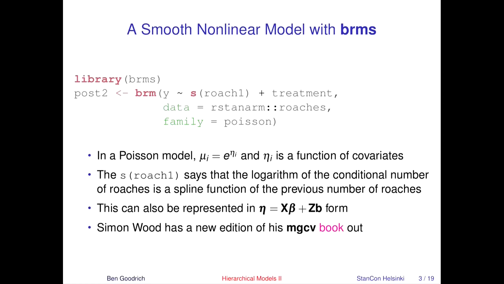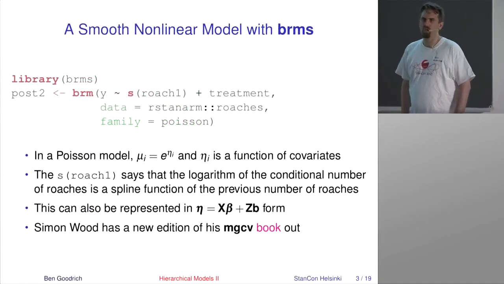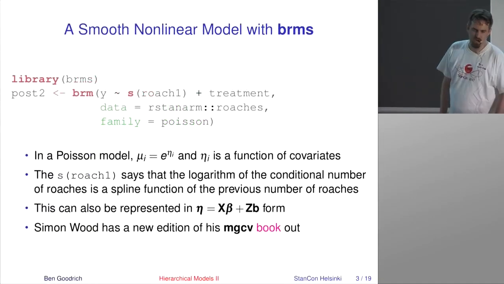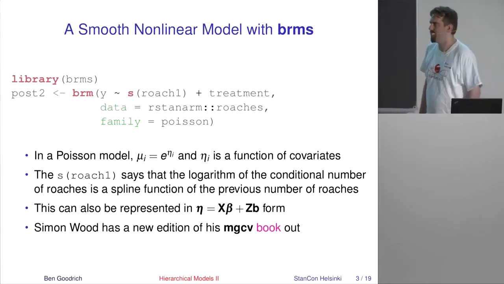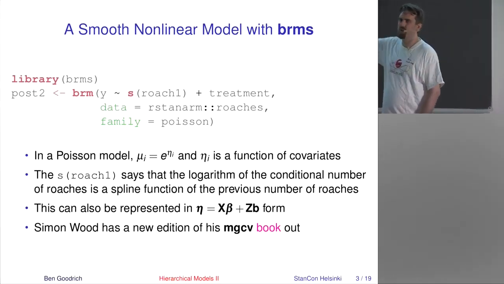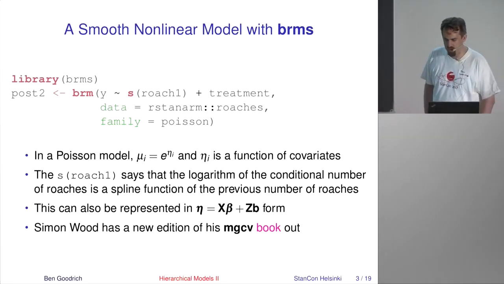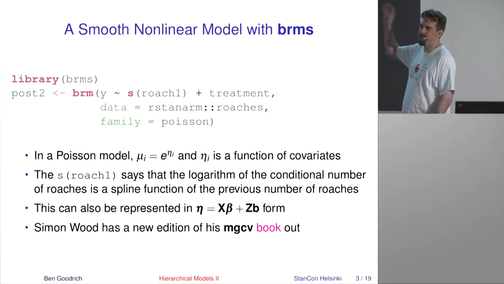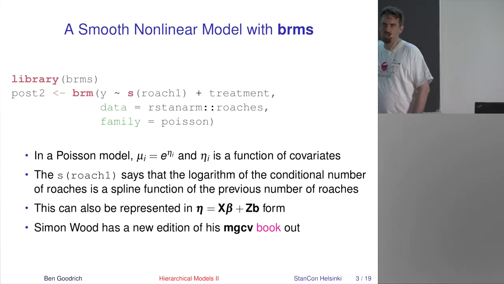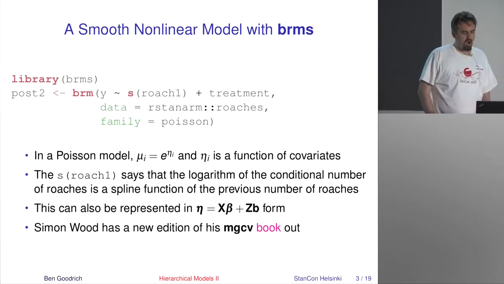Anyway, a model like this can also be represented in hierarchical model form, where your linear predictor eta is equal to x times some common coefficients plus z times some deviation in those common coefficients. This is talked about thoroughly, although not necessarily from that Bayesian perspective, by Simon Wood, who's the author of the mgcv package in R and has been for 30 years or something like that, even going back to the days of S. He has a new version of his textbook out recently that you might want to look at, and a lot of the syntax used in that book can be used equivalently with RStanARM or BRMS.